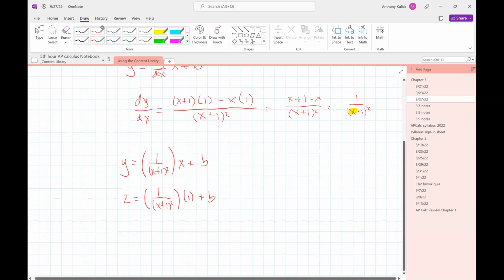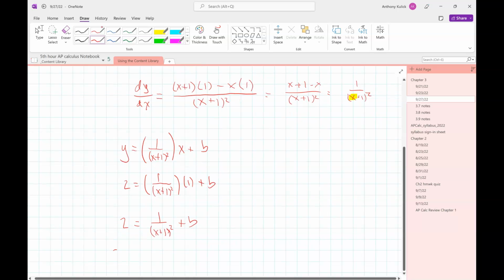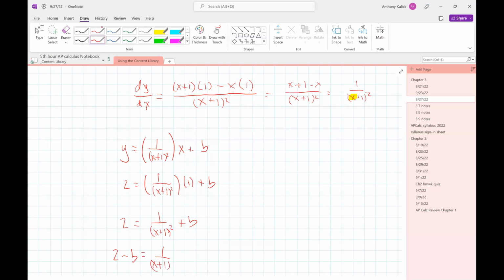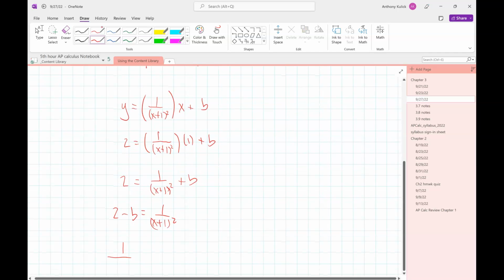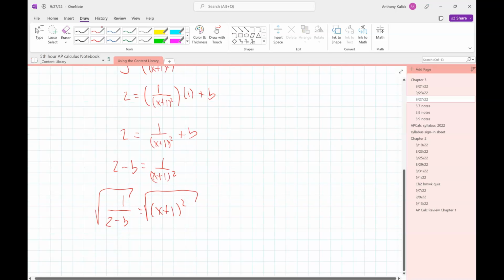So what can I do with this now? Let's see here. So I have 2 equals 1 over (x + 1) squared plus b. I guess I'll move that b over to the other side, and then take the reciprocal to get the x's out of the denominator. And we'll do something like this, I guess.